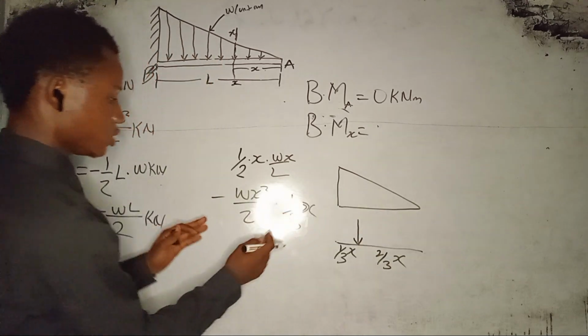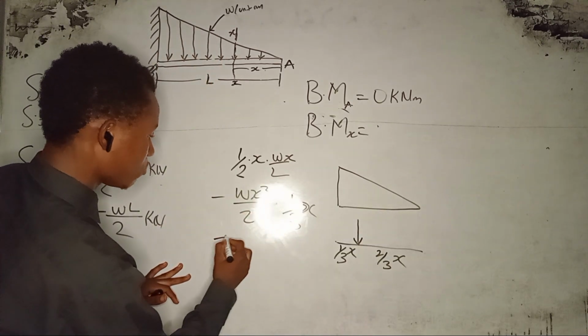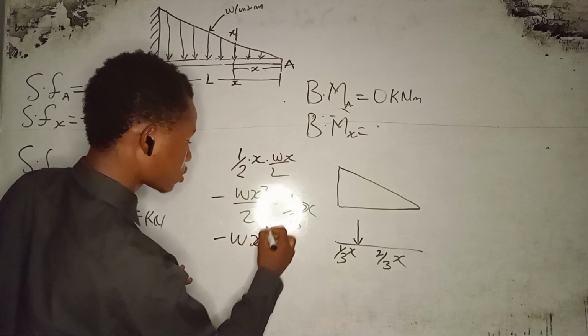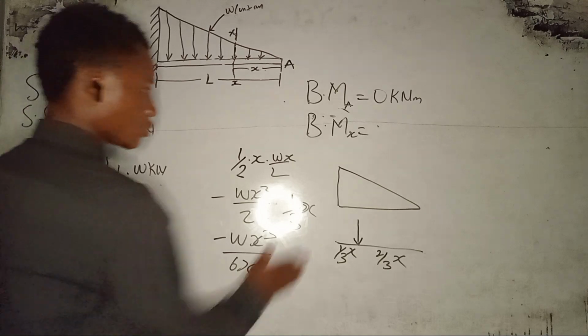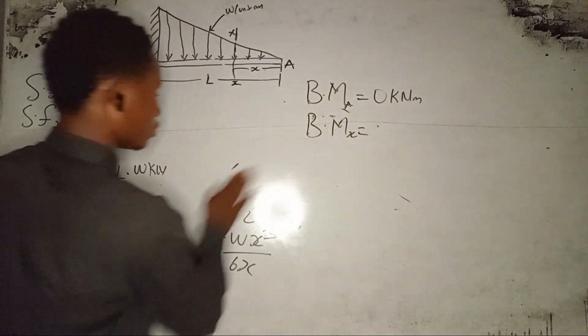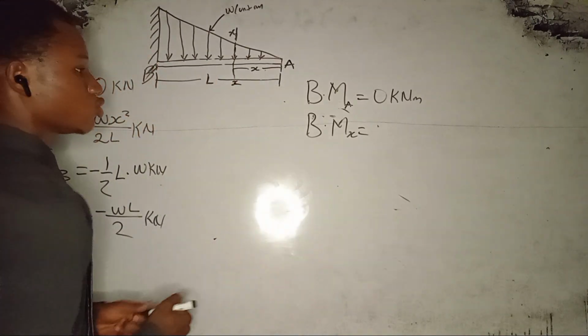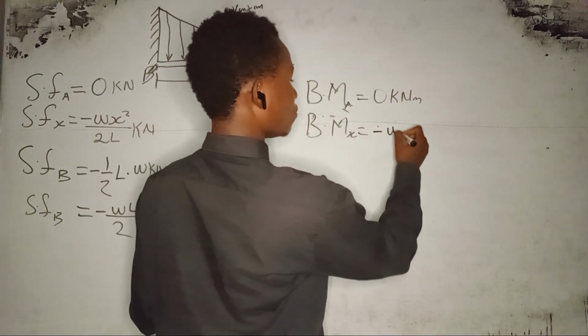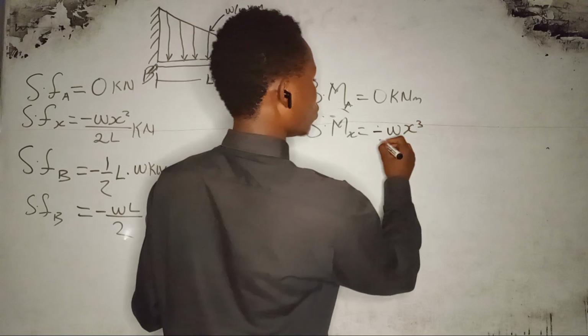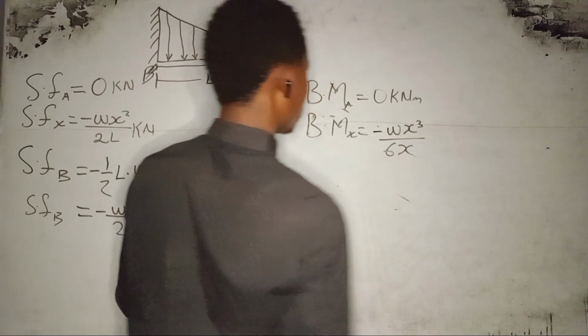So that's how we got this. And then our final answer of this will be minus wx cubed over 6l. So that is how we got our formula for the bending moment as minus wx cubed over 6l.